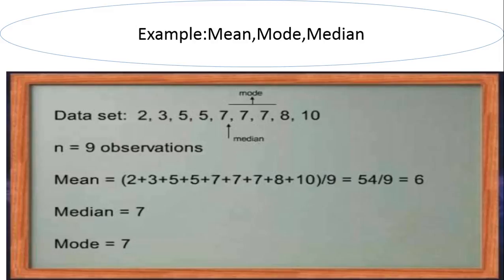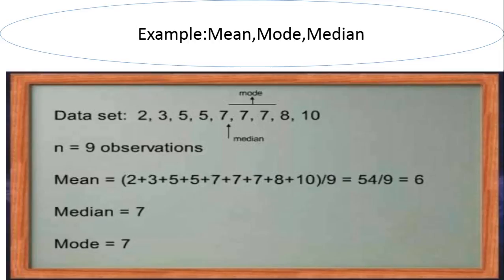So the data set is first of all ranked from the smallest to the largest number. We have 9 observations. The mean is simply the sum of all observations divided by the number of observations, which is equal to 6.